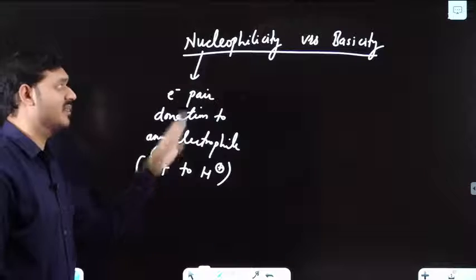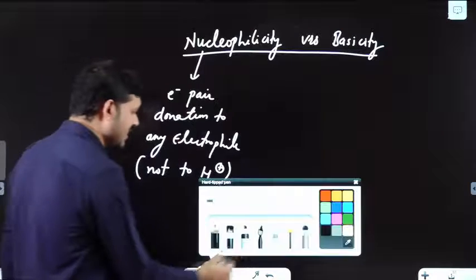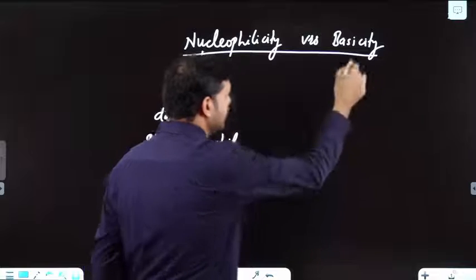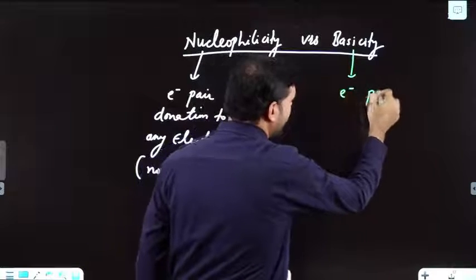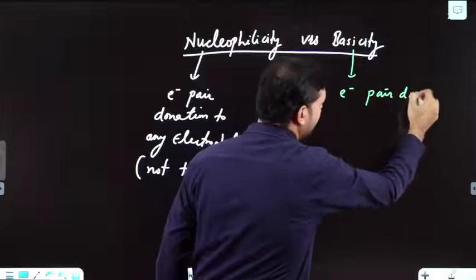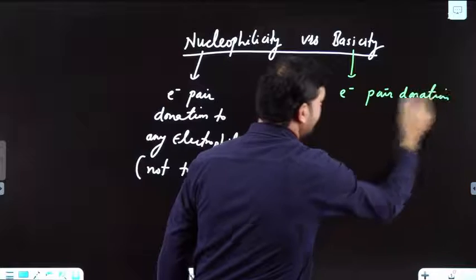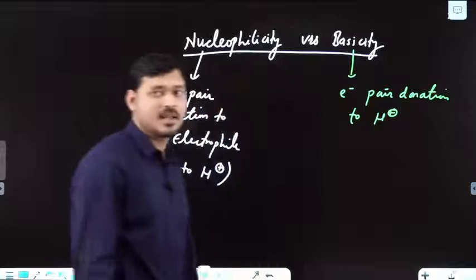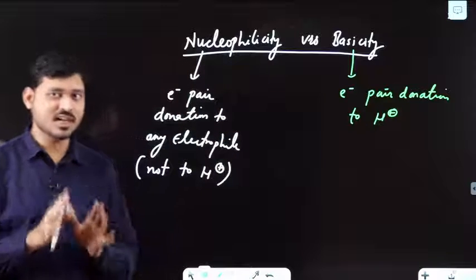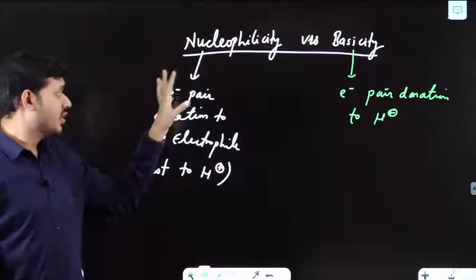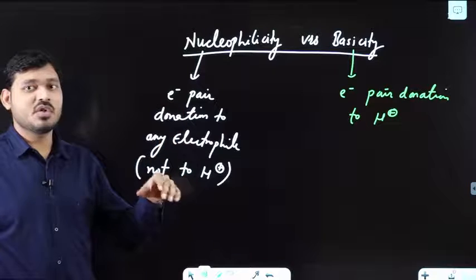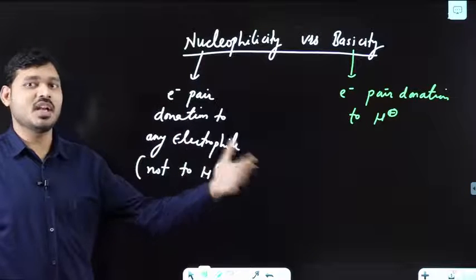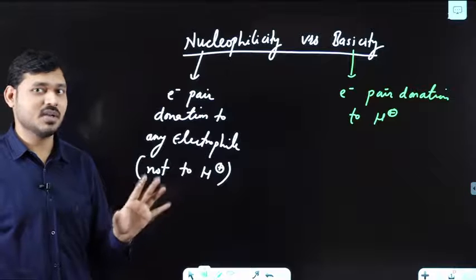This is the difference between nucleophilicity versus basicity. When you say basicity, it is about electron pair donation to a proton or H plus. Nucleophiles are those which donate their electron pair to any electrophile, but not to H plus.